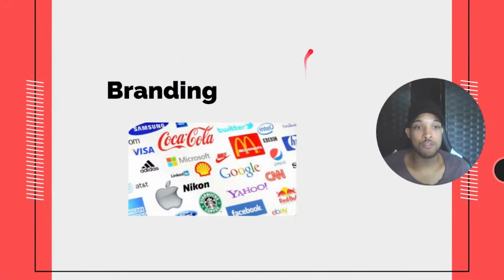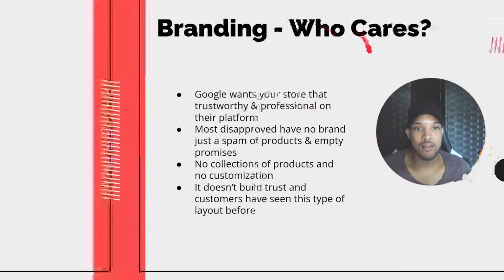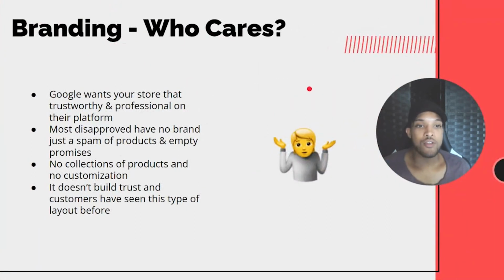All right, awesome. Now on to branding. So branding, why do you care? You just want to make money, right? Google wants your store to be trustworthy and professional on their platform. Most disapproved stores don't have a brand. It's a strong correlation, because they either don't care about their store, they're cutting corners, they get manually reviewed and they look grammatically incorrect and they have a bunch of issues.